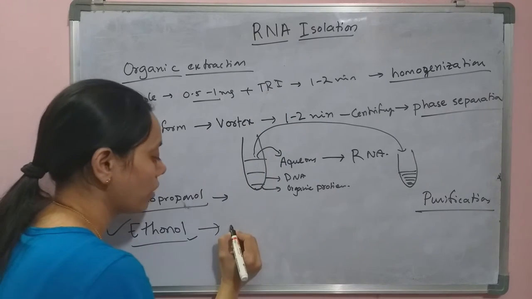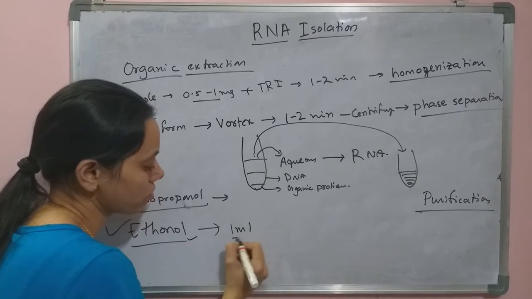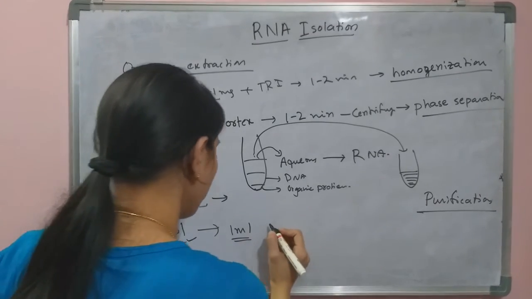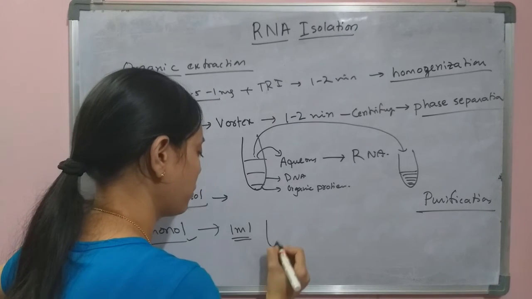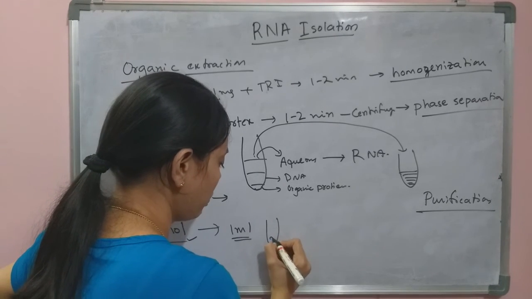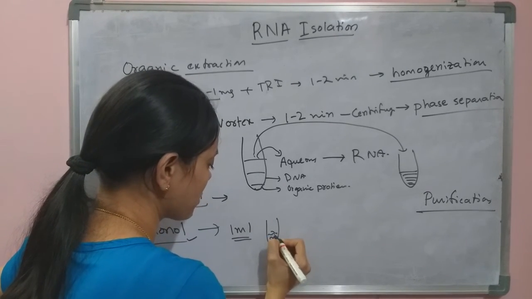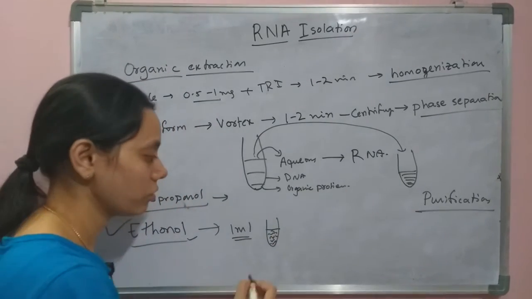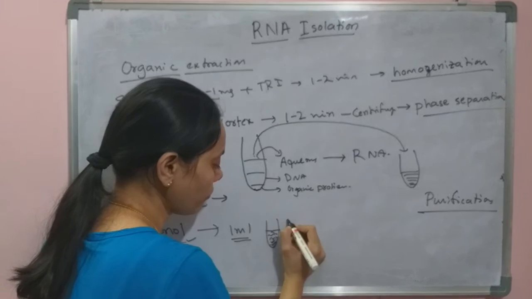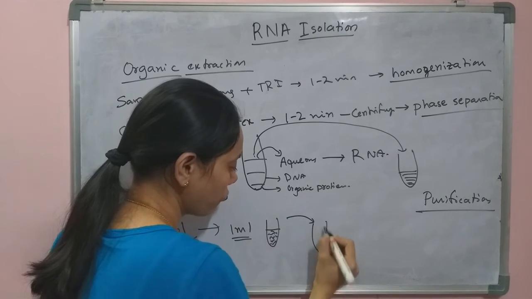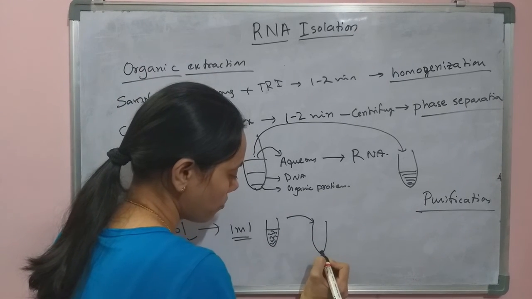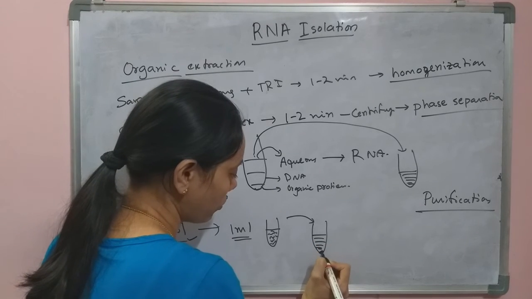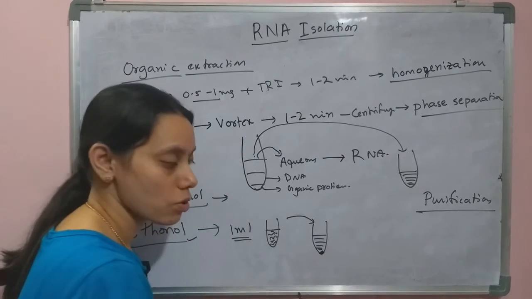That means some 1 ml of the ethanol will be added to the solution, and thread-like structures of nucleic acids will appear in the solution. You can centrifuge and separate the precipitate of the nucleic acids from the rest of the solution.